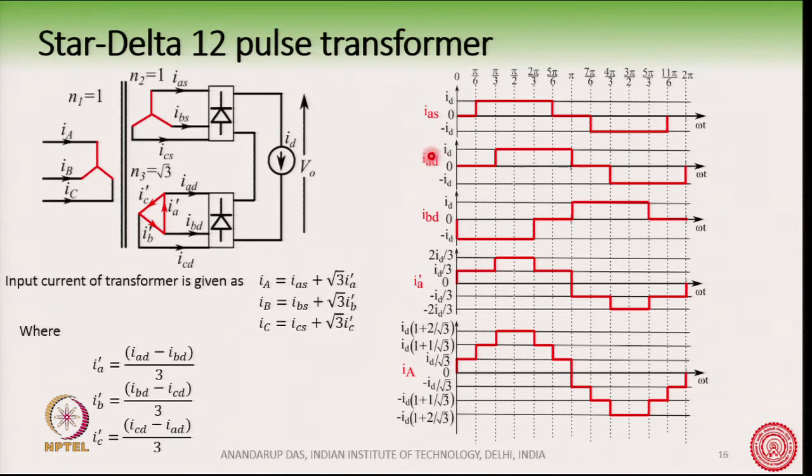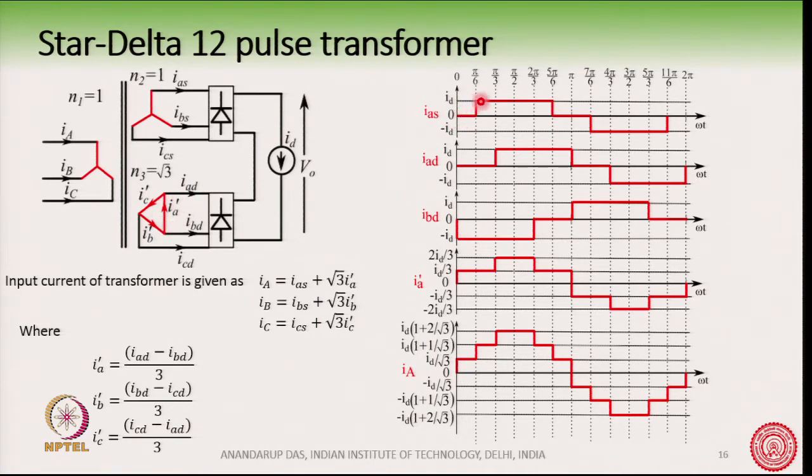Once we get IAD and IBD, we have seen IA dash can be readily obtained as IAD minus IBD by 3. So, we get IA dash here, which is something like this. This is the phase current in the delta.